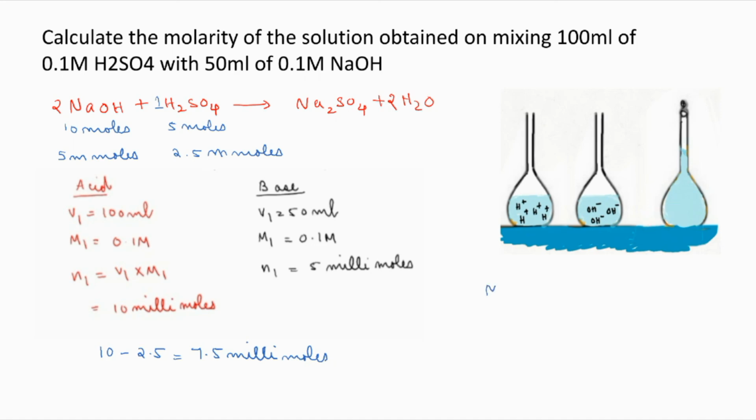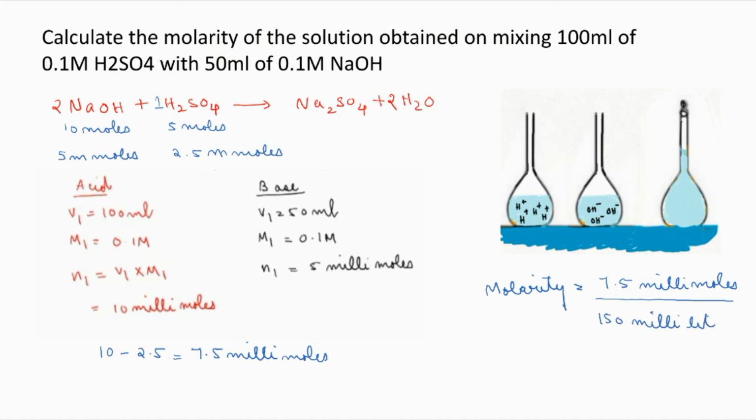So now write it. Molarity of the solution will be equal to the number of moles of the acid present, 7.5 millimoles, divided by the total volume in milliliter, 50 ml plus 100 ml, that will be equal to 150 milliliter.